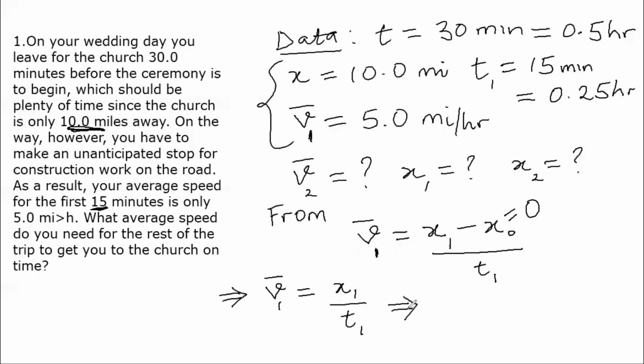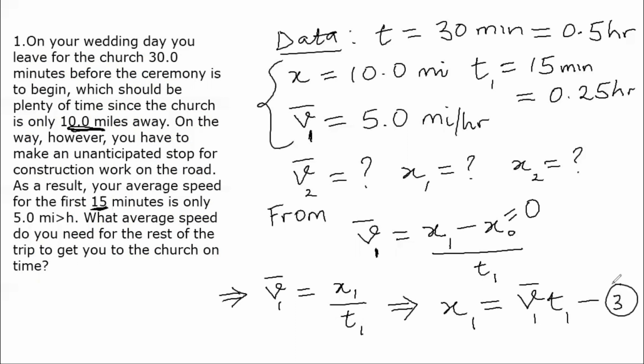And this implies that x1, remember x1 was one of the things that we didn't know, is just equal to v1 times t1. So I have another equation here, you see, I can call it equation 3.